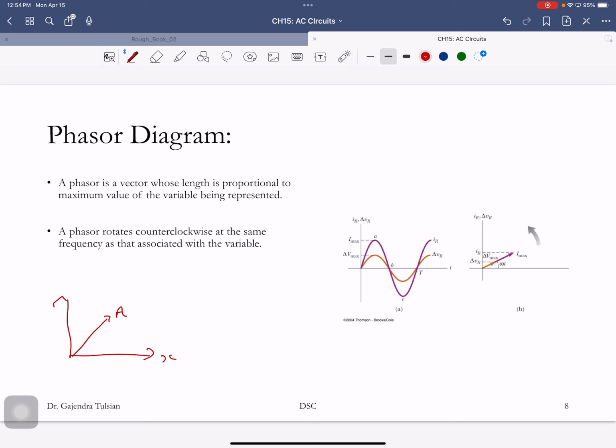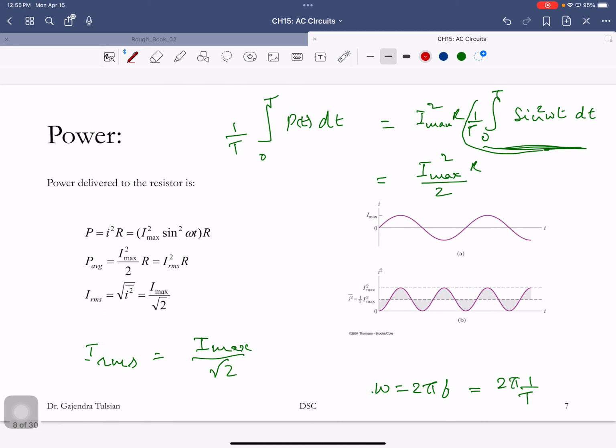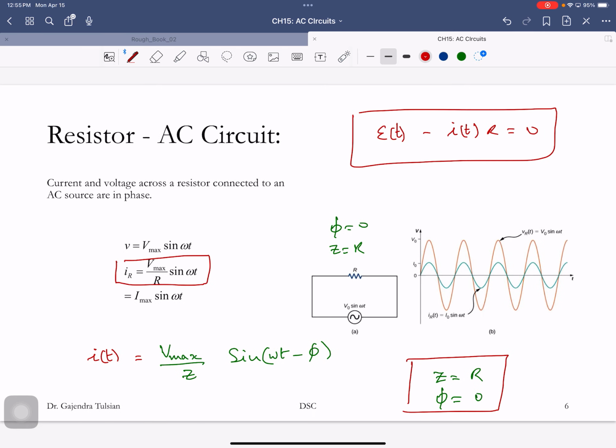So let's say here's a vector, there's an angle. What is the y component of the vector? A sine theta. So look at this. The voltage as a function of time is V max times sine of theta.